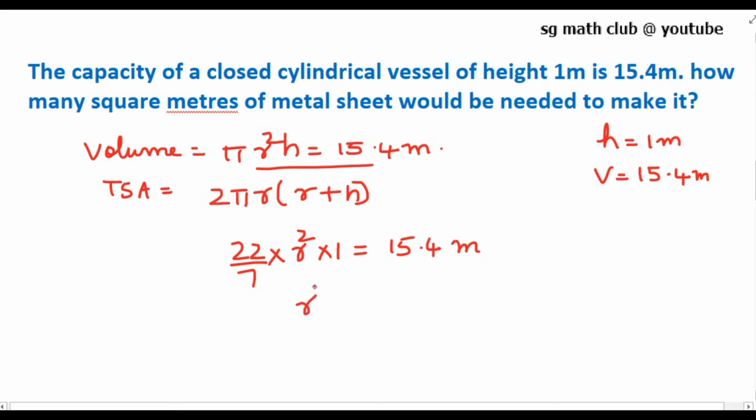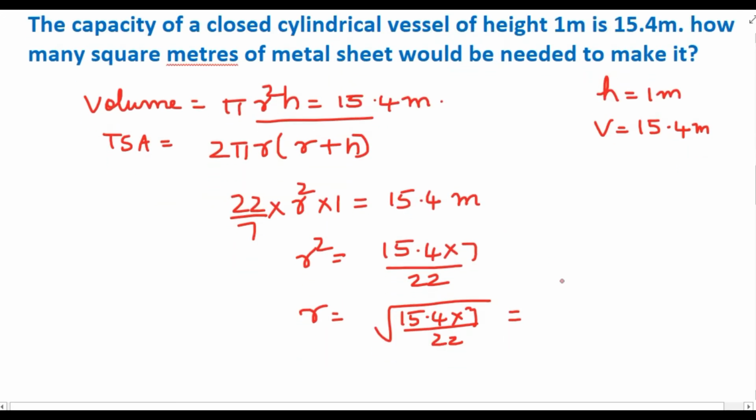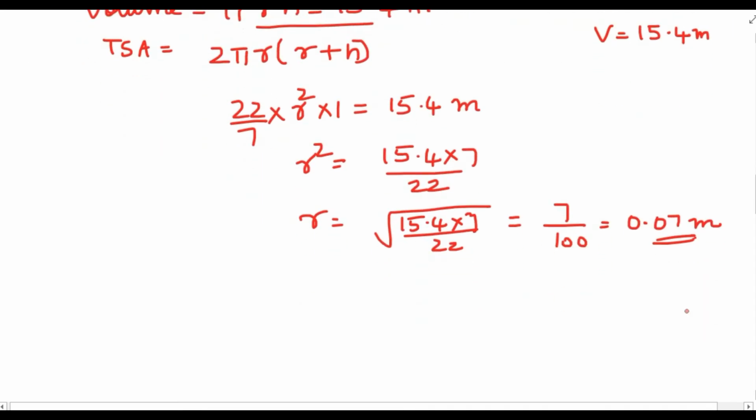Now r square is equal to 15.4 into 7 divided by 22, and r will be the square root of 15.4 into 7 divided by 22, which is equal to 7 by 100, that is 0.07 meters.